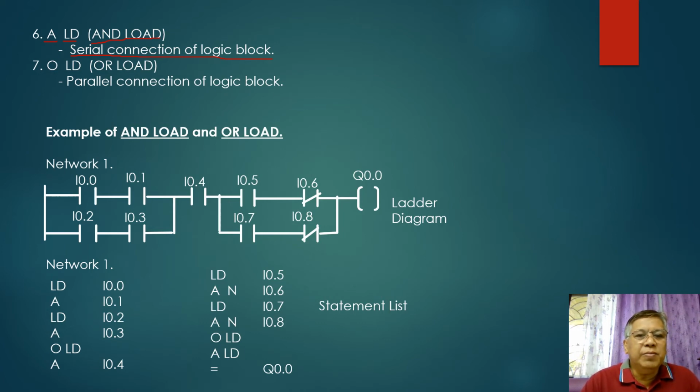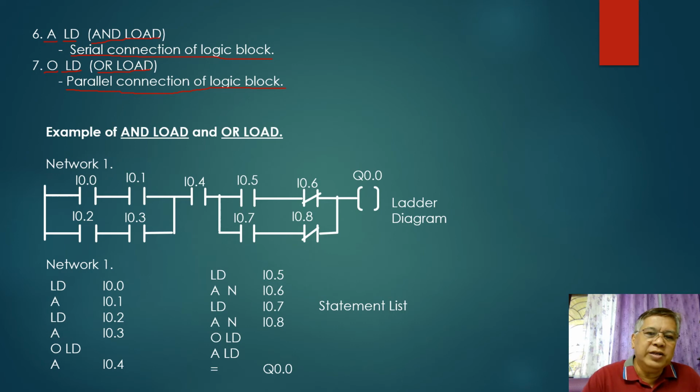And then we have here number 7, the OR load, or represented by O. You make a space here, and then LD. This command is used when you have parallel connections of logic blocks. Again, a logic block contains 2 or more contacts.